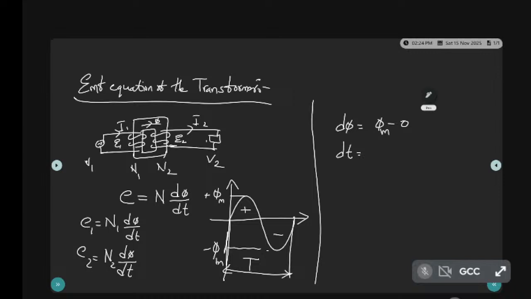One complete set of positive and negative values of the waveform. The time required to complete one set of positive values and negative values is known as time period.